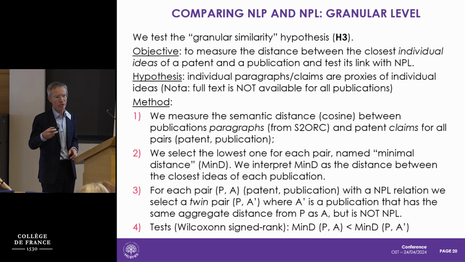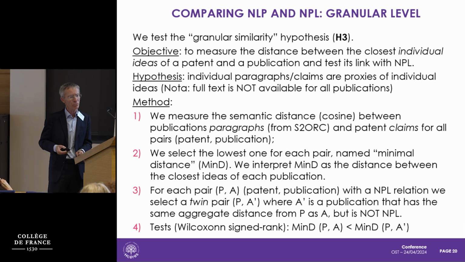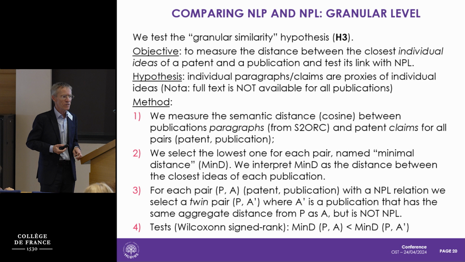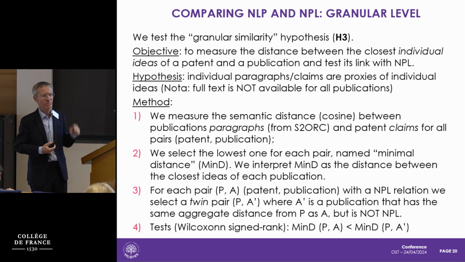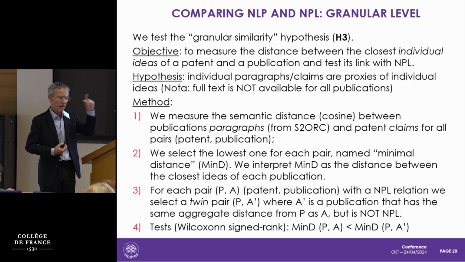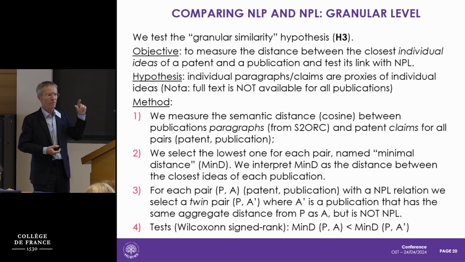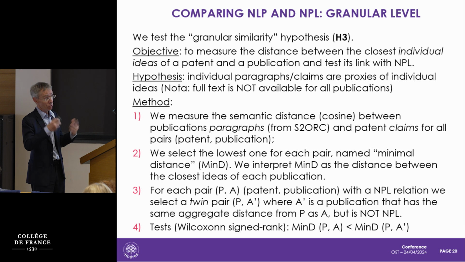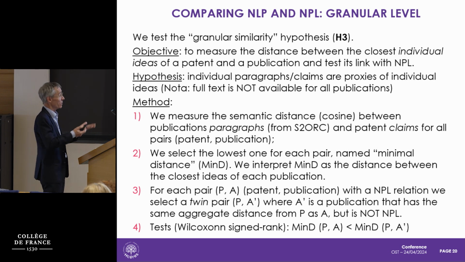Whereas citations refer to very specific ideas that are common between the 2 documents. And these ideas, you might not find them necessarily in the title and abstract. In order to check this idea, we did embeddings at a more granular level, at the level of claims for the patent, at the level of the full text for the publications. Full text was not available for all publications and so on.